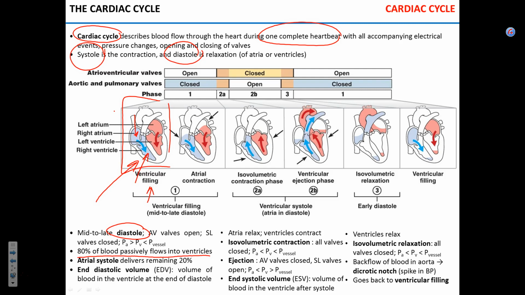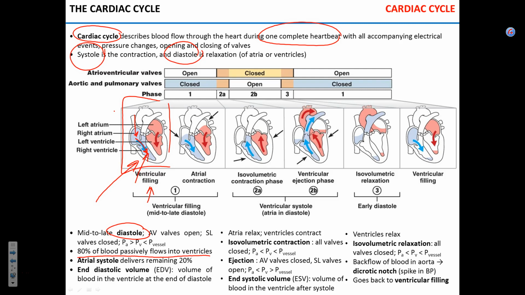Then it flows directly from the right atrium into the right ventricle, because the valve that separates them, the tricuspid valve, is open. Does that make sense?